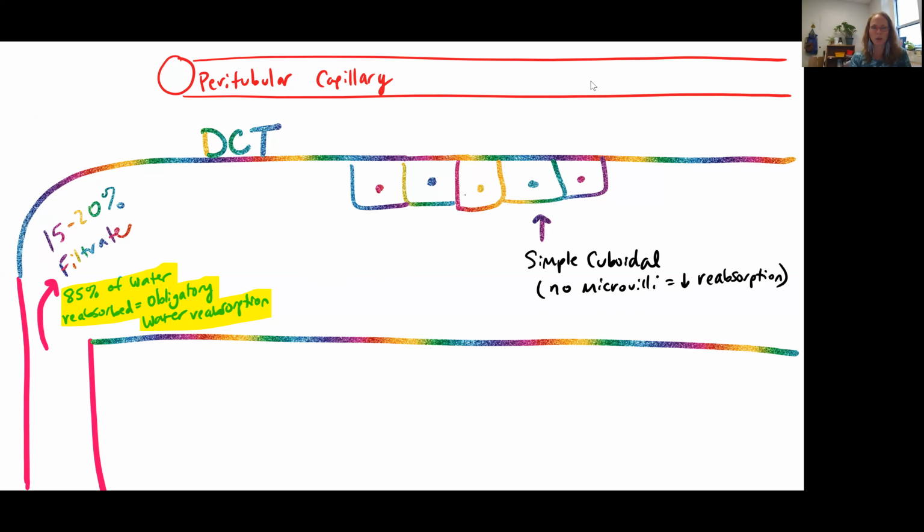That 85% of the water that's reabsorbed at the PCT and the descending limb of the loop of Henle is described as the obligatory water reabsorption, meaning that's always happening no matter the conditions in the body.